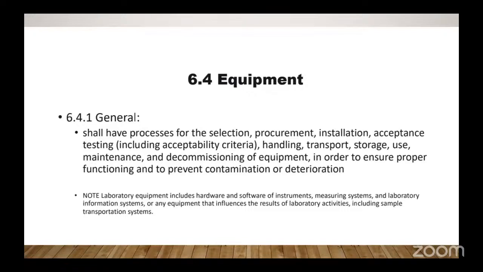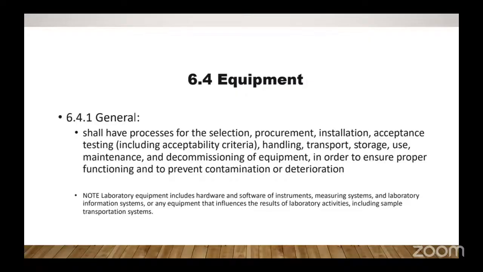In the basic quality management system, we talked about the process of selection, procurement, installation, acceptance testing, including acceptability criteria, handling, transport, storage, use, maintenance, and decommissioning of equipment. All these things fall under what is known as equipment management. So if you need to go through those things, go through that equipment management.